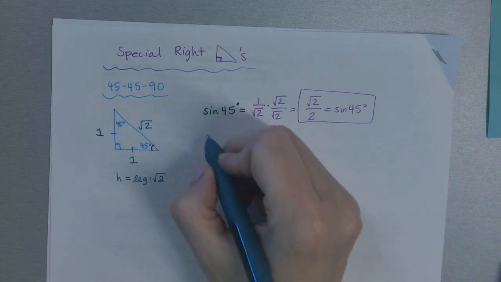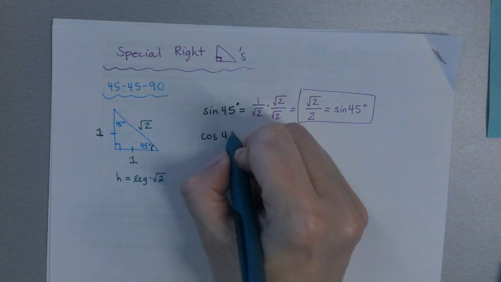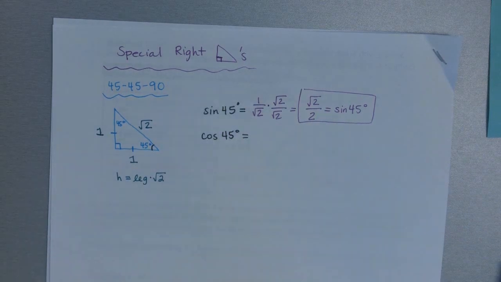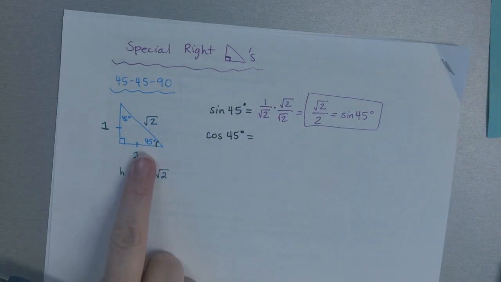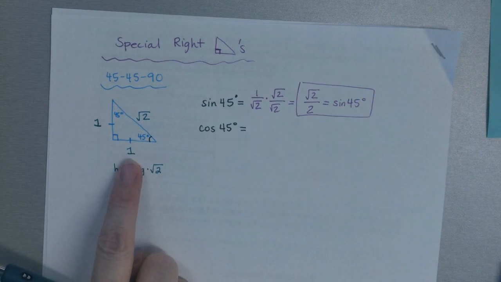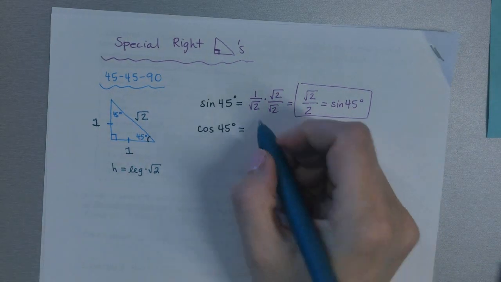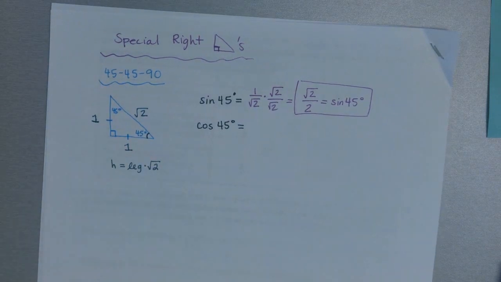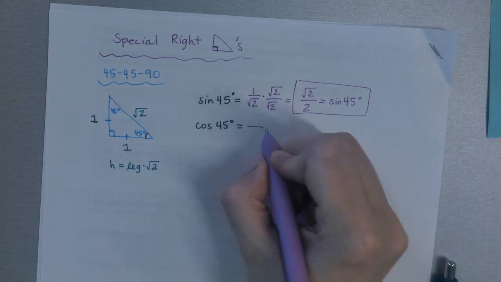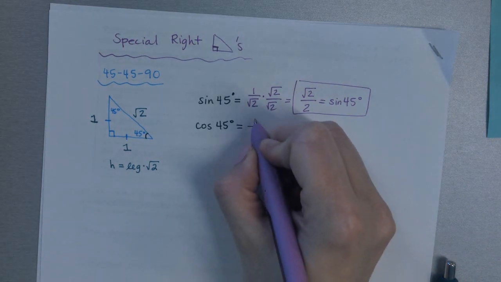Okay, and then the cosine of 45 degrees. Well, the cosine, if I do the adjacent over the hypotenuse, the adjacent is the same thing as the opposite in this triangle. So the adjacent side is what value? 1.